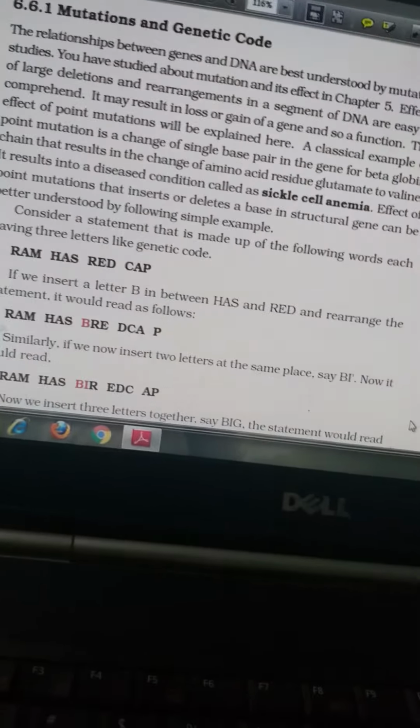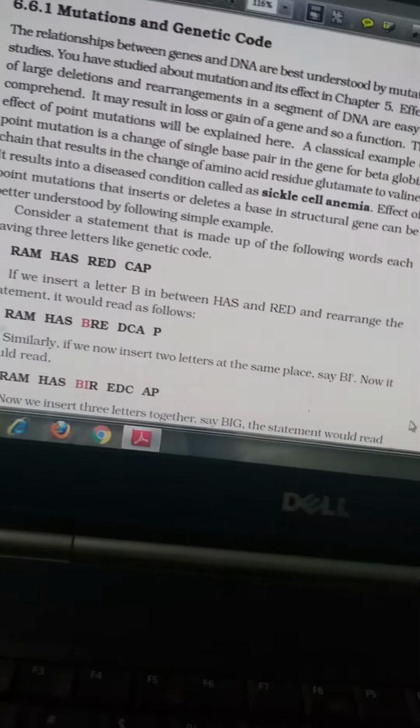Now you can see it is written that Ram has a red cap. Here all are 3 letter words, and these 3 letter words can be taken as 3 genetic codons.